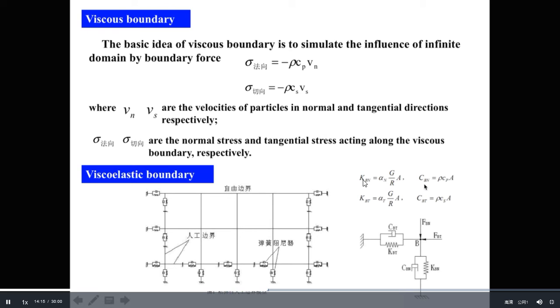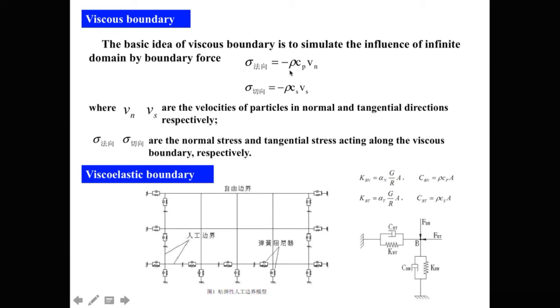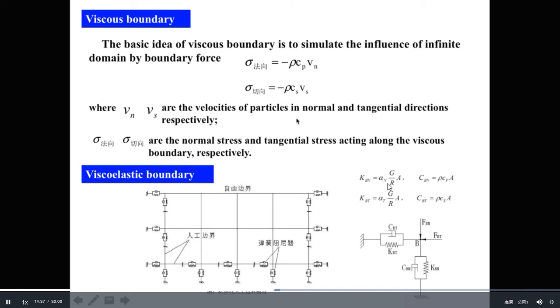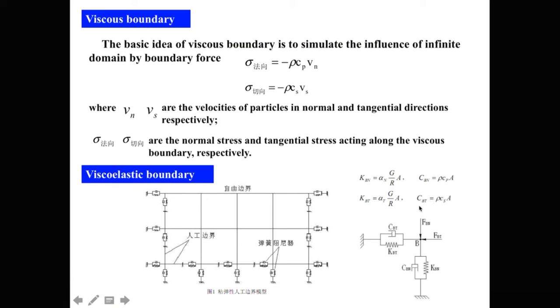And there's a Cbn is same with the viscous boundary. That's the rho Cp A and the Cbt equal to rho Cs A. Here Cp, Cs is same with the viscous coefficient. And this Cbn and Cbt describe the viscous coefficient for this viscoelastic boundary system.